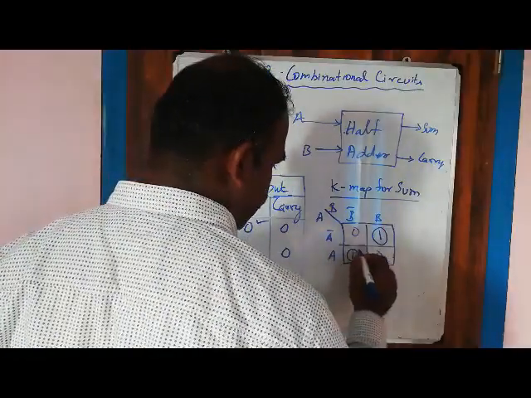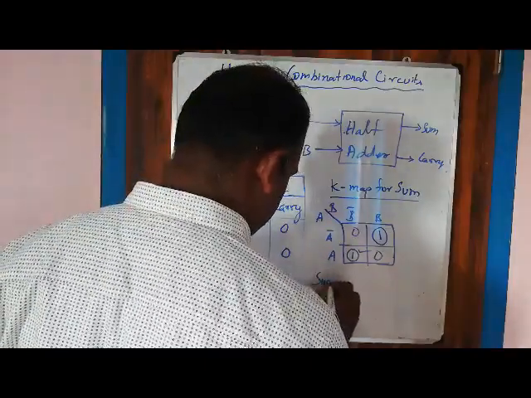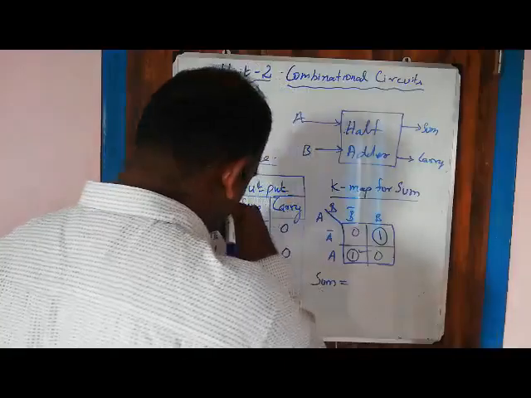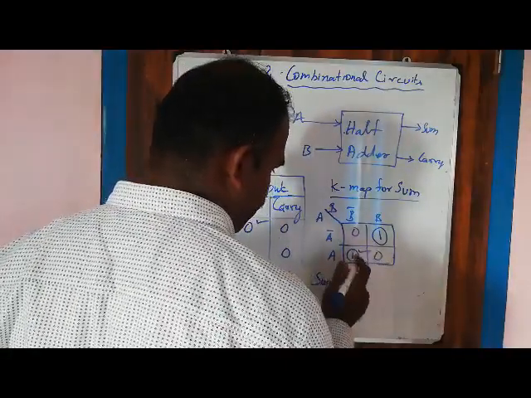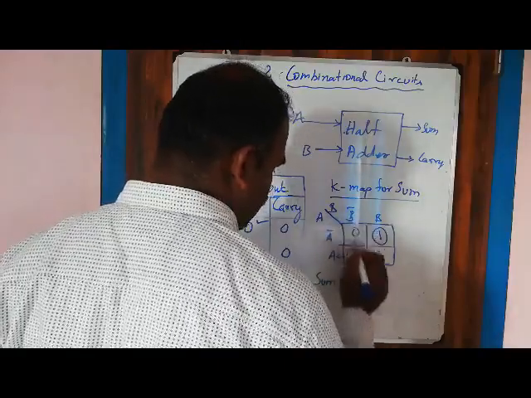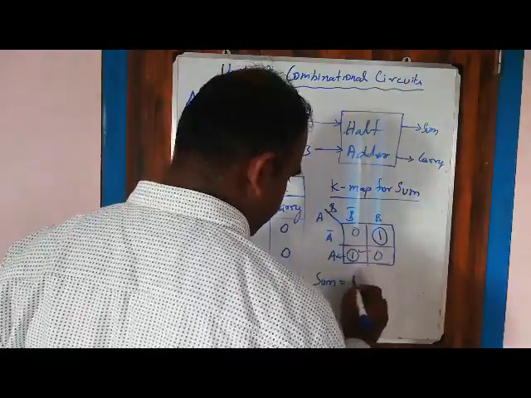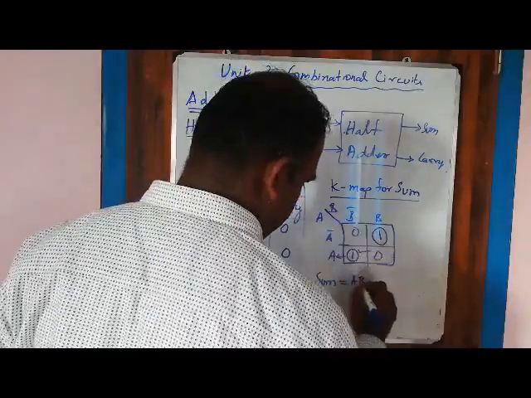Okay, for this one, for sum we have to write the equation from this K-map. That is, for a one, you have to see the corresponding row and corresponding column. Corresponding row we are having variable A and column we are having B bar.